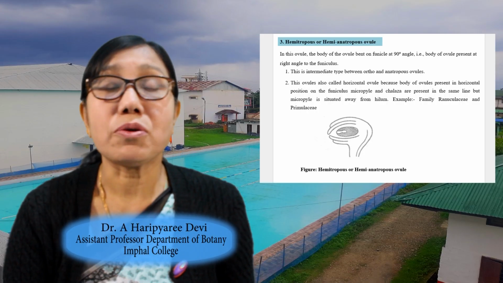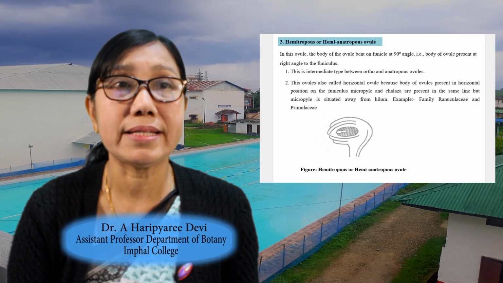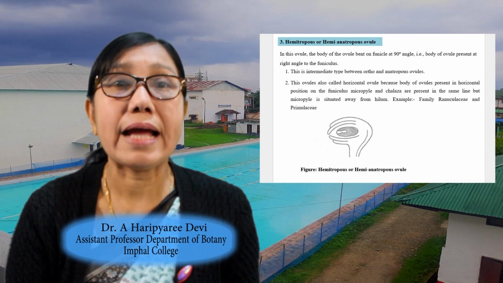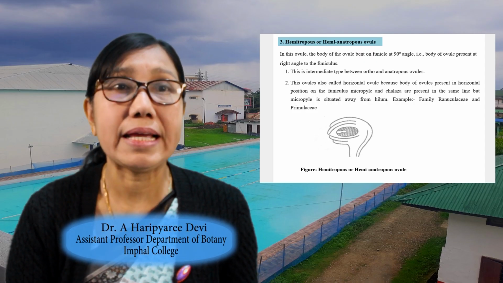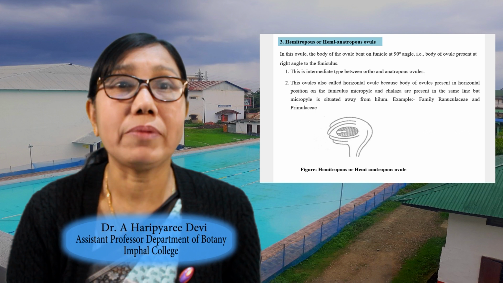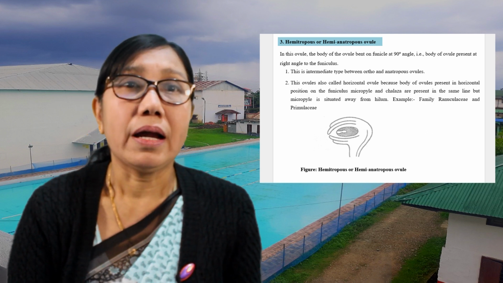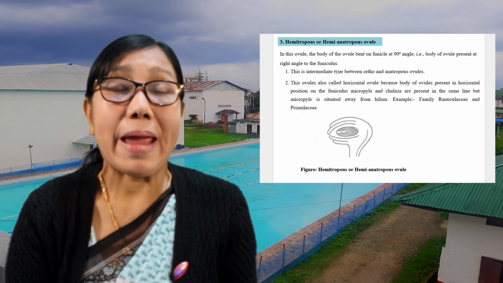This ovule is also called the horizontal ovule because the body of the ovule is present in the horizontal position on the funiculus. The micropyle and chalaza are present in the same line, but the micropyle is situated away from the hilum. And how this happens: it is bent at a 90 degree angle.